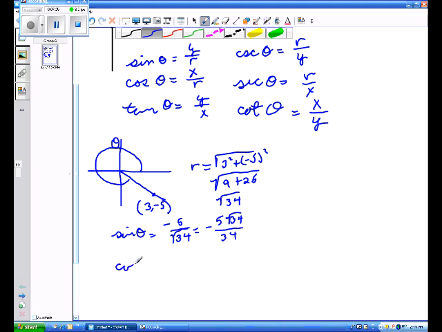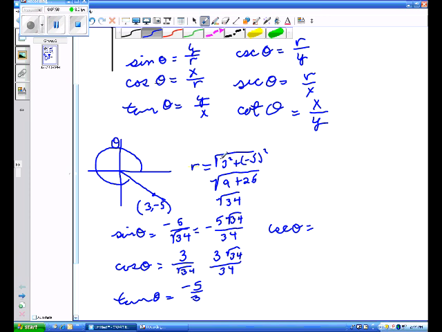The cosine of theta is x, which is 3 over r. And again, if you rationalize that, you'd end up with 3 square roots of 34 over 34. The tangent is y over x. Okay, the cosecant is r.